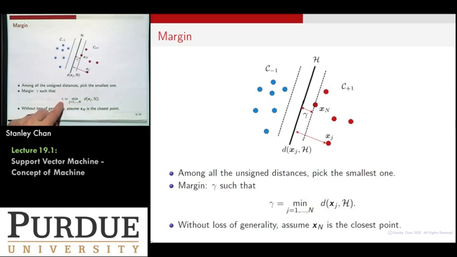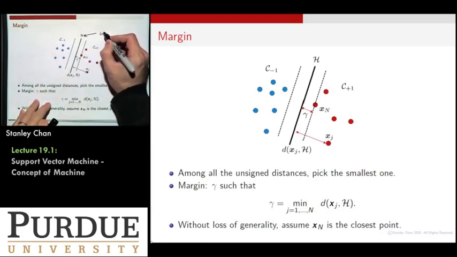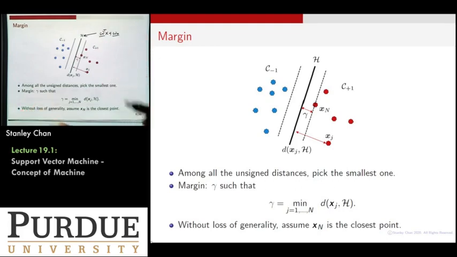And therefore, this margin, this gamma, this number is a function depending on the W and also the W0, right? Because this H is defined by W transpose X plus W0. So if you change W, you change W0, this gamma will change. Okay?